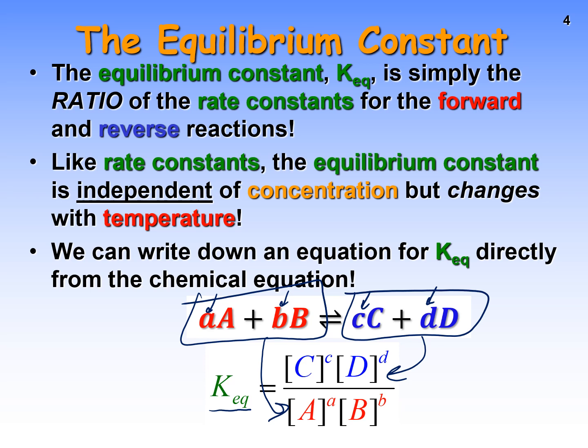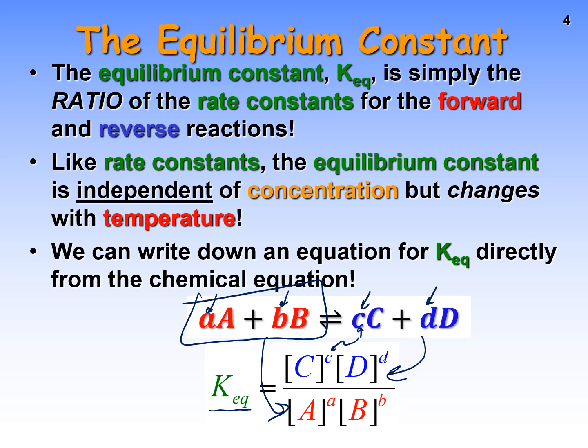Now, each concentration term is taken to the power of its stoichiometric coefficient, right? Whatever number is in front of our compound, that number becomes our exponent in our equilibrium constant expression.